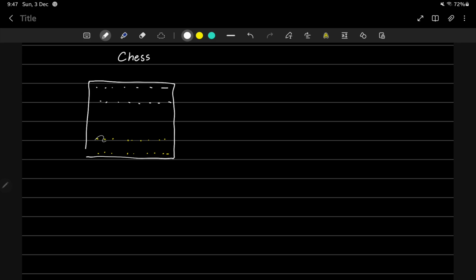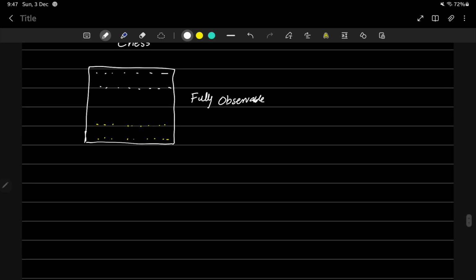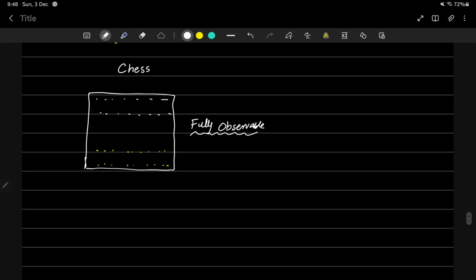I know where my stuff is. I know all the positions, I know all the states and everything. So this is fully observable. There's nothing hidden here. Each and every piece of this whole game is observable to me. So this is an example for chess.